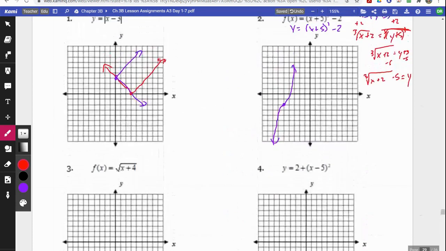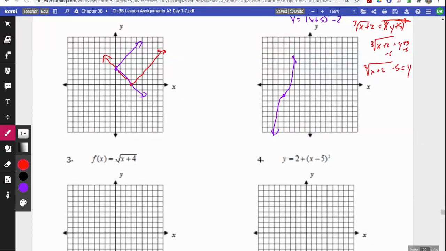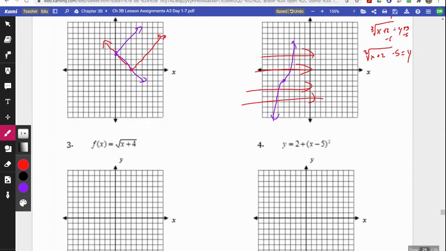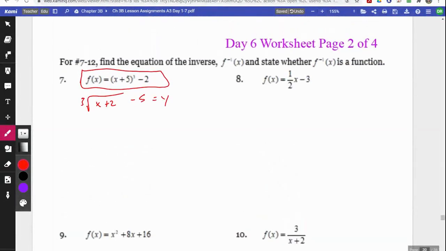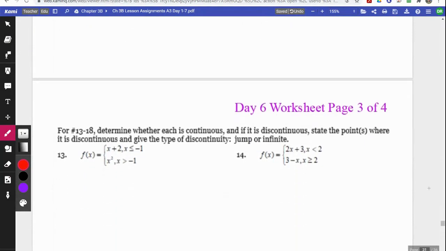I'll scroll up to this graph. Horizontal line test on this, we see that no matter where I draw a horizontal line, it's only going to cross the graph once. So the inverse is a function.